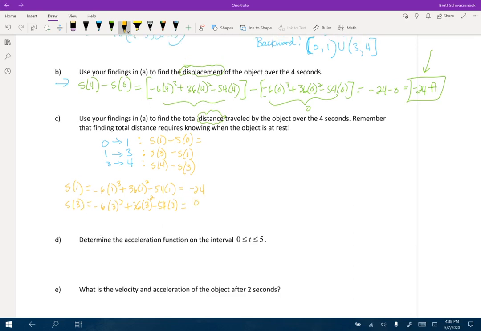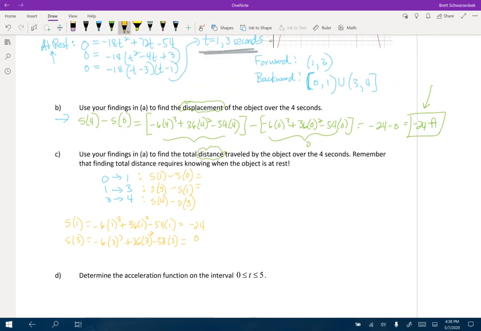So -24 is S of 4, 0 is S of 0. If we put all of these in as we have it, what are we going to get? So S of 1 is -24, and we are subtracting 0, which is S of 0.